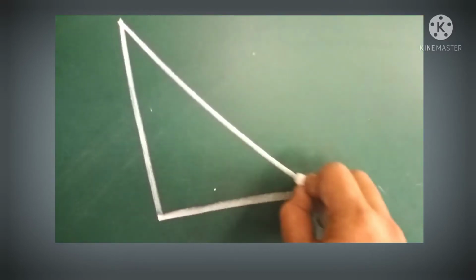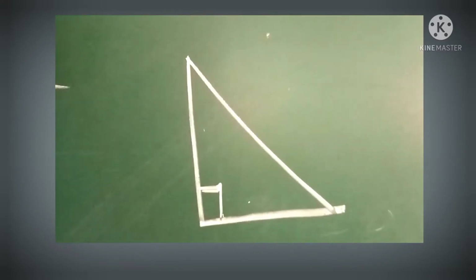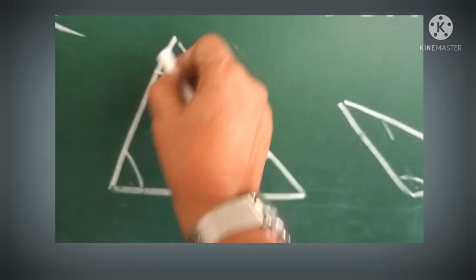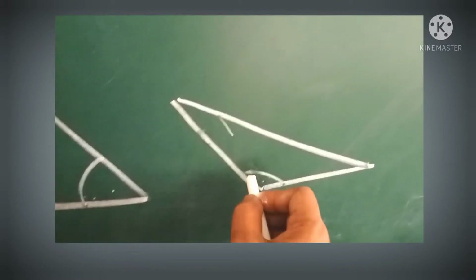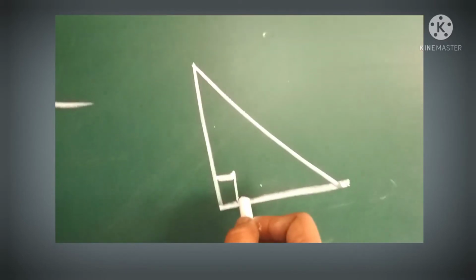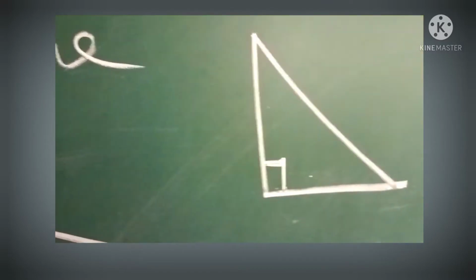Then another one. It is a right triangle, since one of the angles is 90 degrees. That type of triangle is called a right triangle. That is, acute triangle, all the 3 angles are acute. Obtuse triangle, one of the angles is an obtuse angle, and right triangle, one of the angles is 90 degrees.